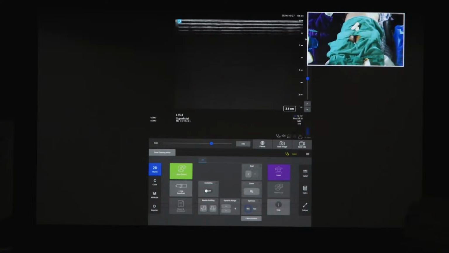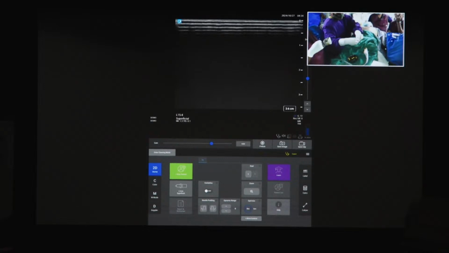So you can see the contrast spread is very clear. Fluoro images, please. Not the ultrasound, the fluoro images, please. So you can clearly see the contrast is spreading in AP.